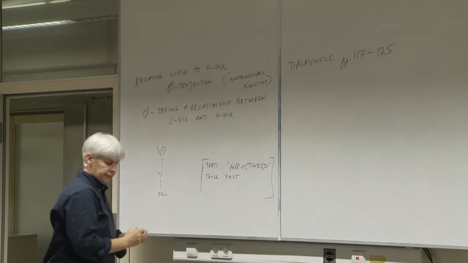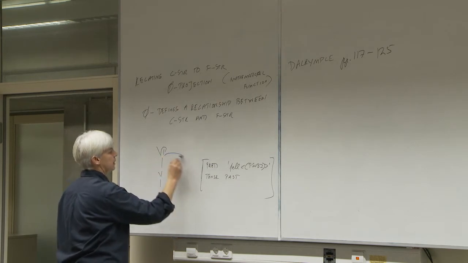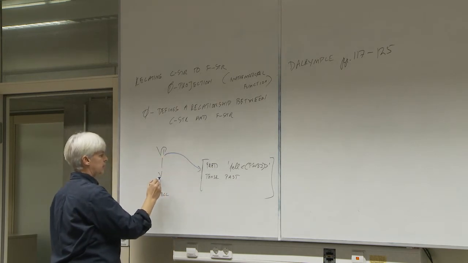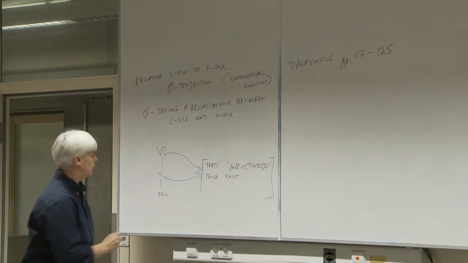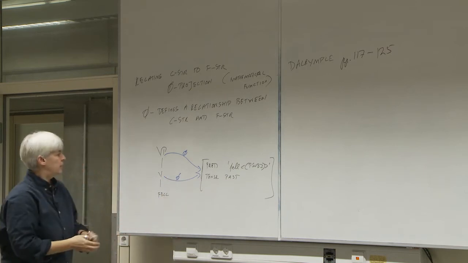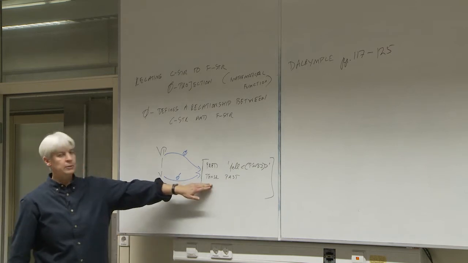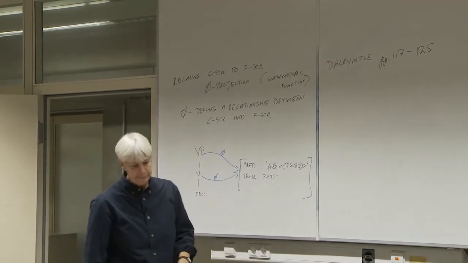The phi relation says how this piece of the C structure relates to that piece of the F structure, and how this piece of the C structure relates to that piece. It tells you how this node relates to which pieces of that F structure.